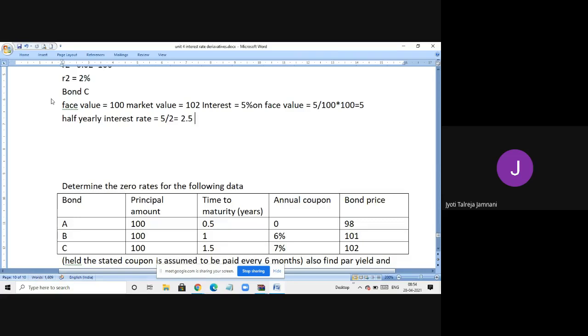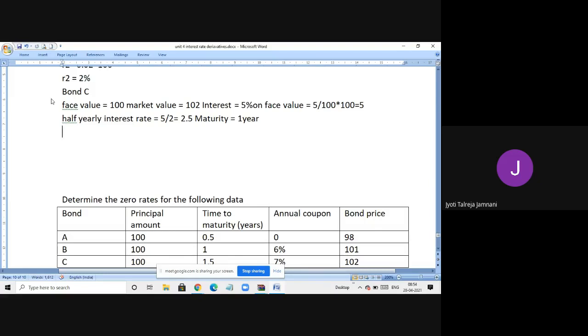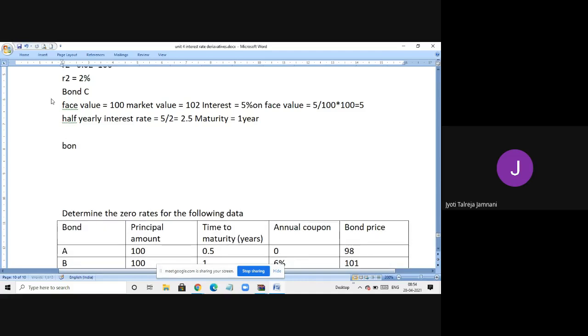Maturity period for bond C is 1 year. So in 1 year there are two half yearly periods. So we'll get the interest two times, as well as the principal amount. So let's do it using that equation.